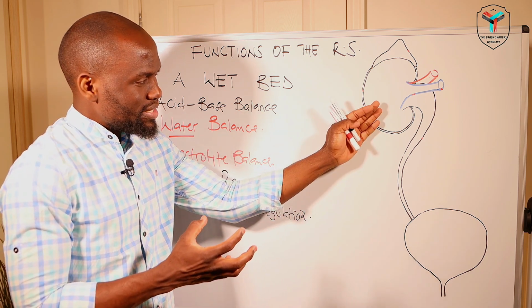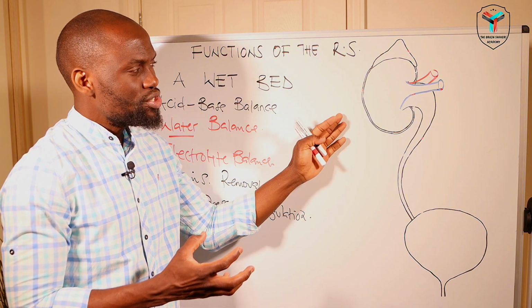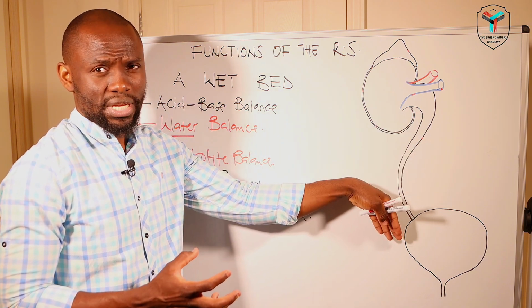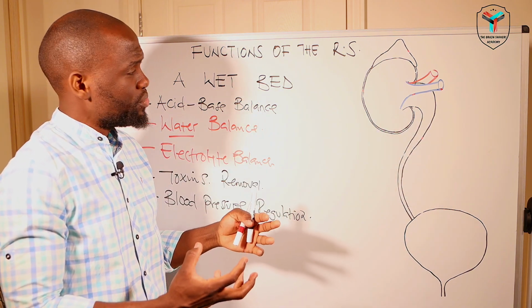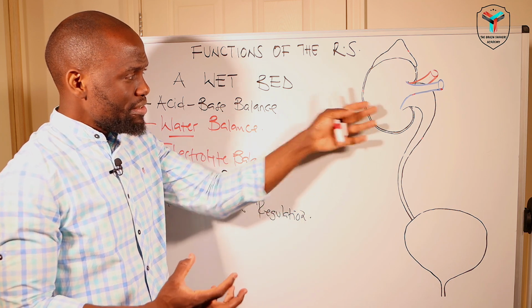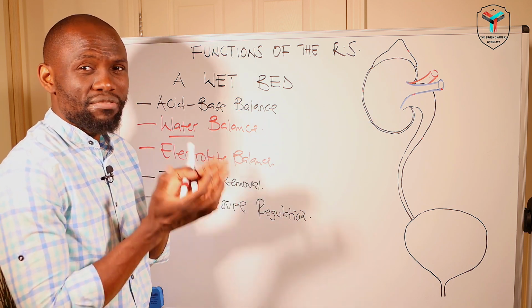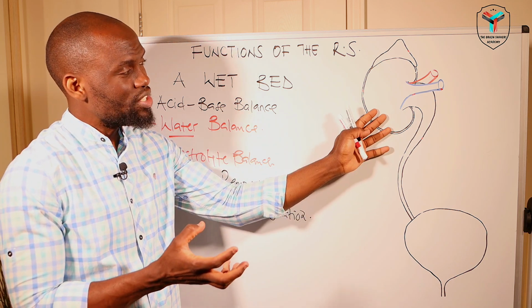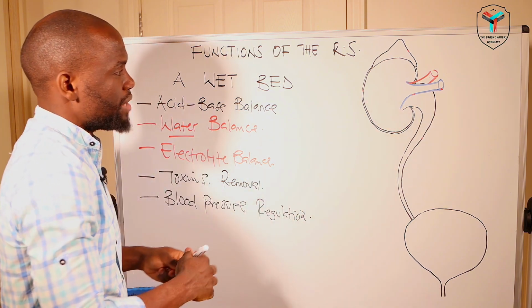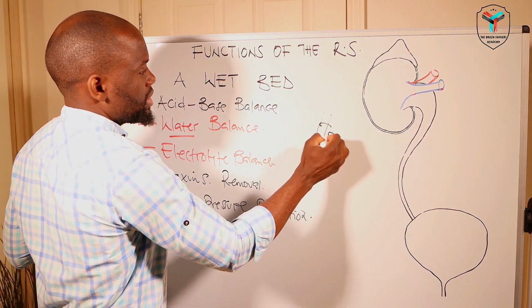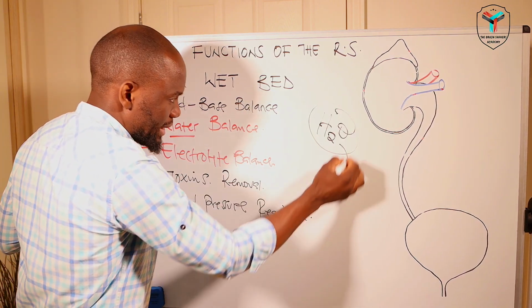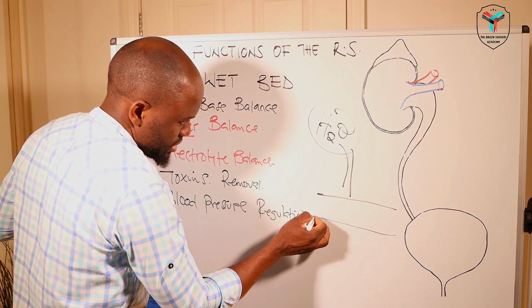The kidneys here are important in making sure that you either lose water or you retain fluid within the system. If the circulatory volume is very low, the kidney's role is going to be to reabsorb water, so the water is taken back into the circulatory system.